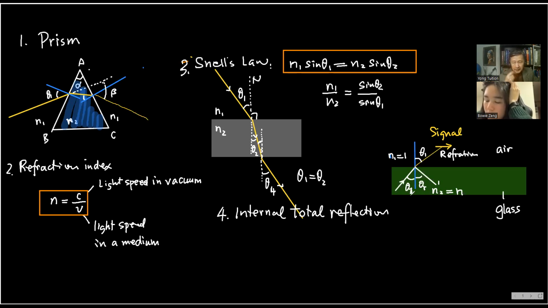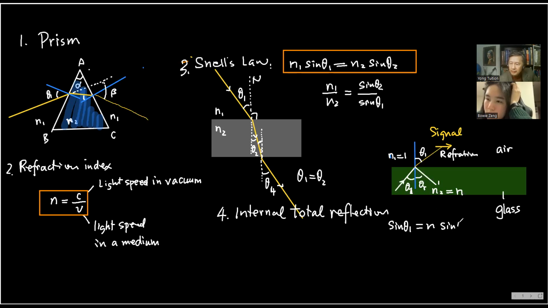So if we apply Snell's law, we can get this equation: because n1 is 1, we only have sine theta 1 equal to n multiplied by sine theta 2.